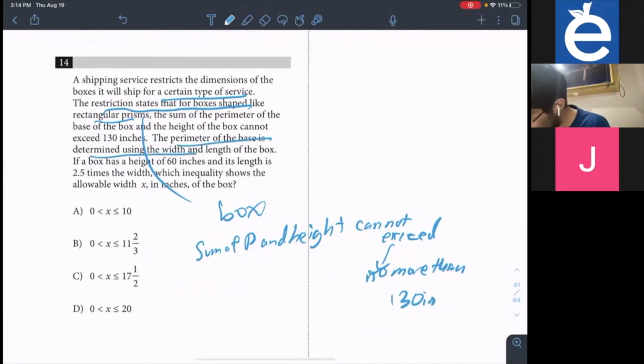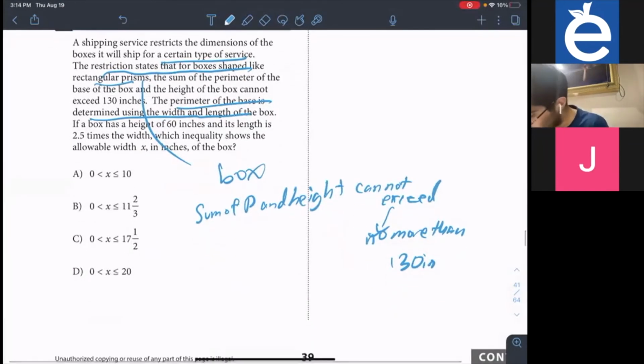The perimeter of the base uses the width and length of the box. If the box has a height of 60 inches, then we know the sum is 130 inches.